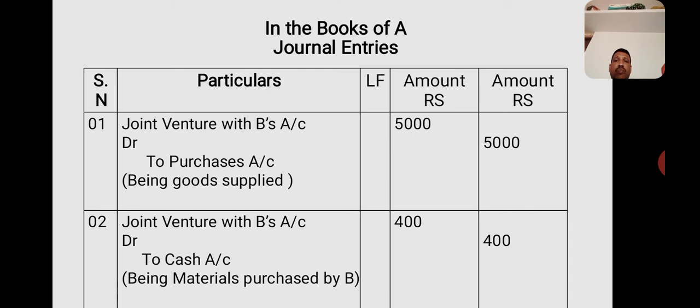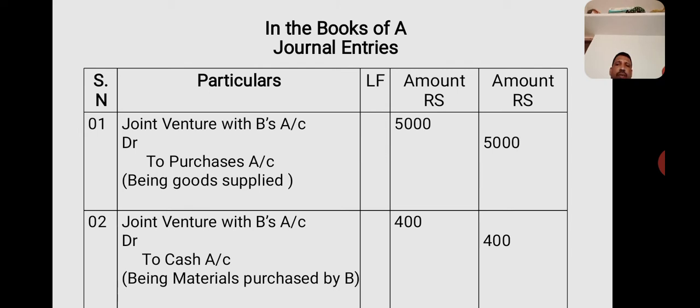It should be termed as joint venture with B's account. Purchases account is credited because it reduces the stock of the goods in our own business, that is, the business of A. So joint venture with B's account debit to purchases account, being goods supplied to joint venture.